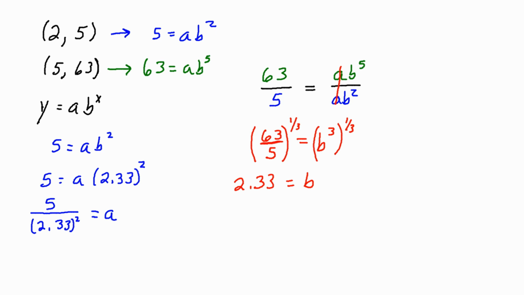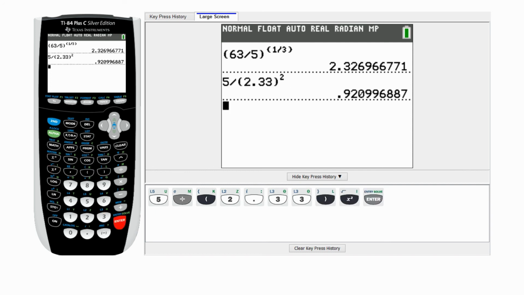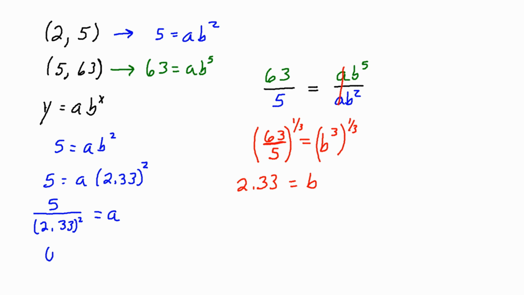The reason I did this was so I could type it in my calculator all at once. 5 divided by 2.33 squared equals 0.920996887. So a equals 0.92.